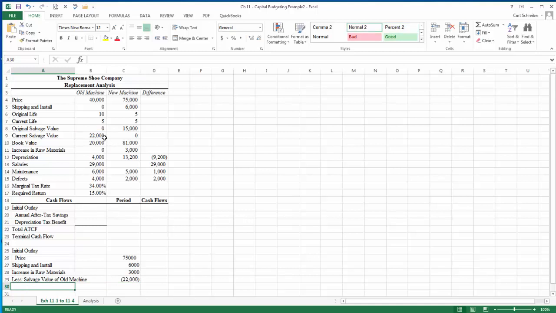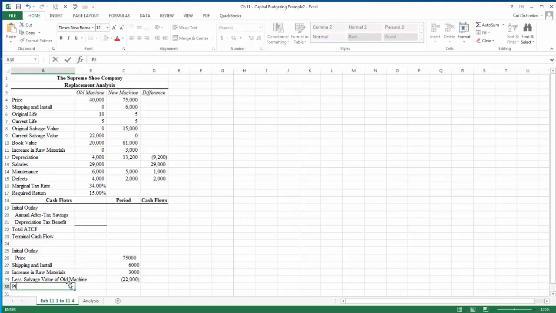But in addition to that, we said that the difference between the $22,000 and the $20,000 book value is going to result in a $2,000 gain, and that gain is going to be taxed at 34%. So that's going to be an additional amount we're going to have to pay Uncle Sam on our taxes.